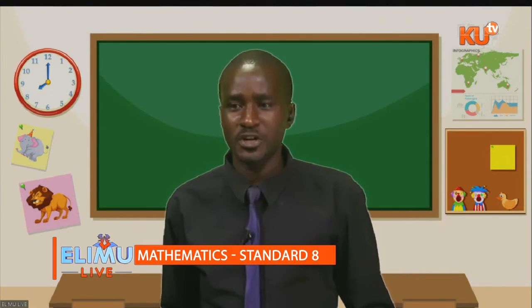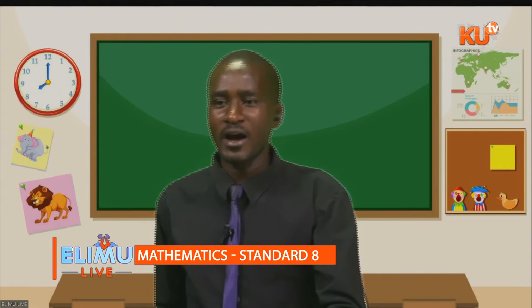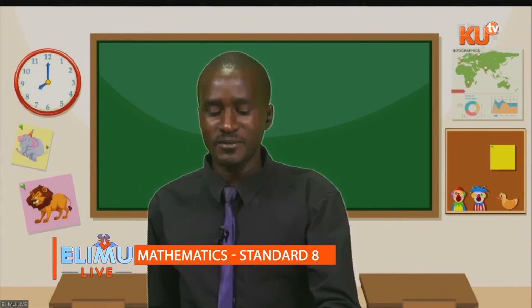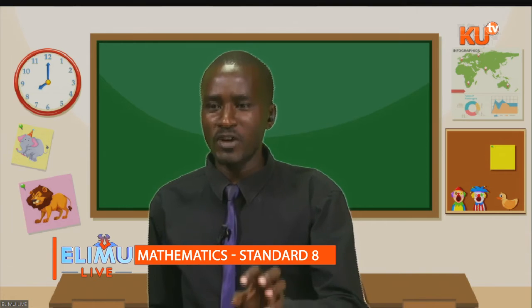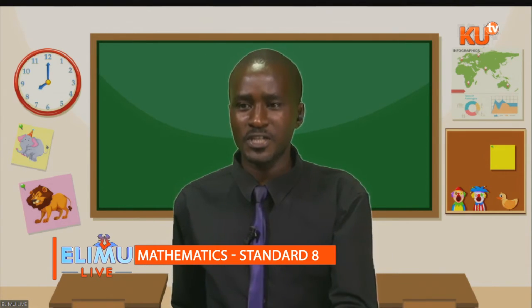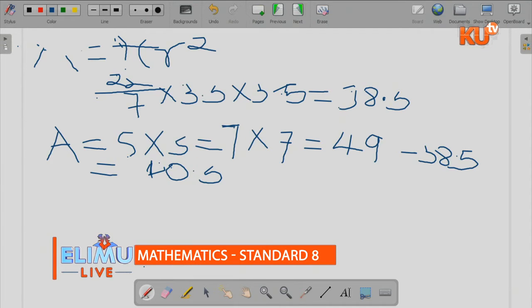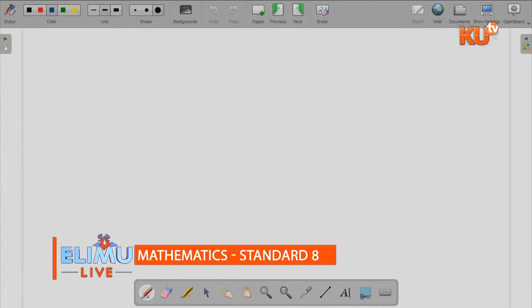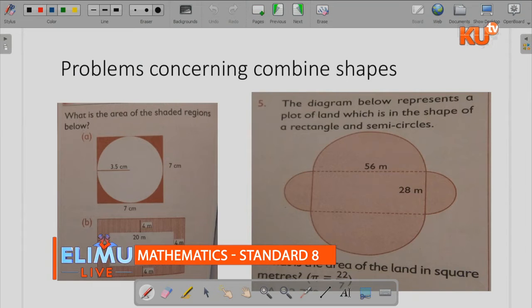The next question is also a bit complicated, but if you are keen, you have to break those figures or those shapes into parts. If we go back, you can see we have 4 semicircles and 1 rectangle inside.